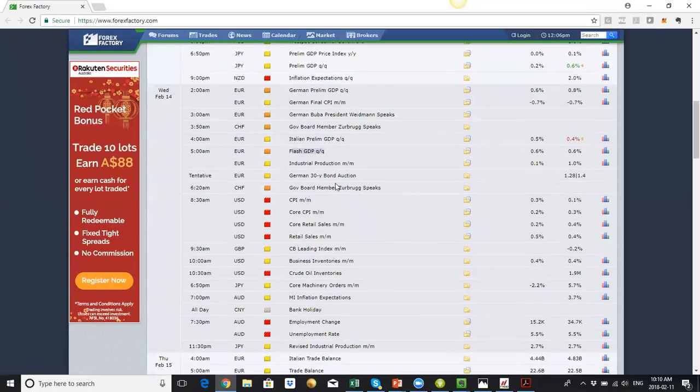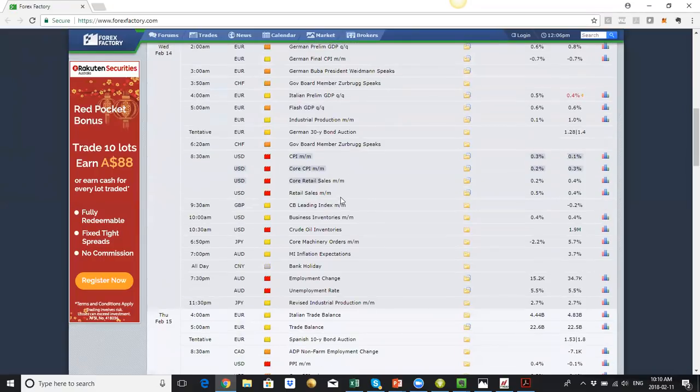Not a whole lot in the London session. Into the US session, we do have CPI numbers and retail sales numbers for the US. These numbers are very important because central banks will focus on these when they're talking about making any monetary policy changes. The Fed essentially said that they're on track for raising rates again this year, and if the numbers stay on track, it gives them more strength in following through with that.